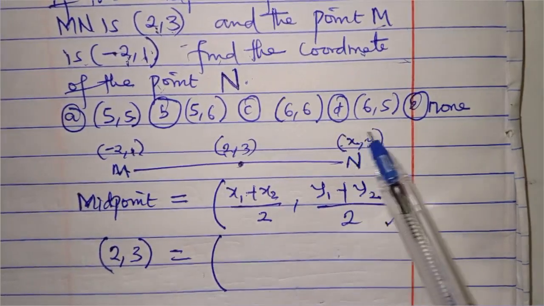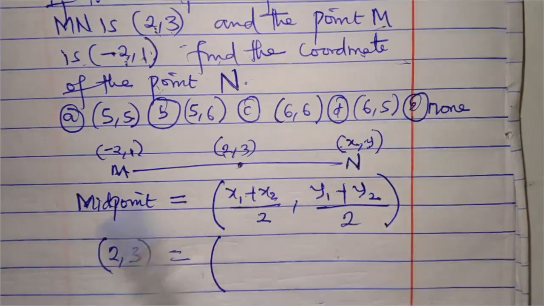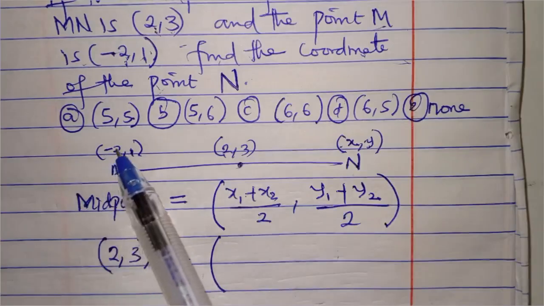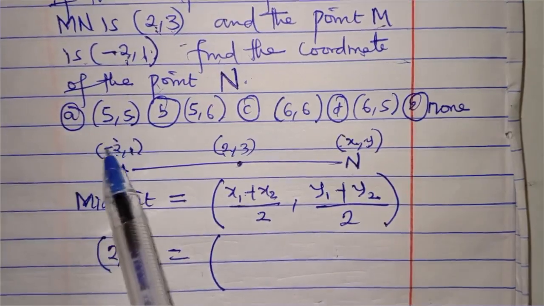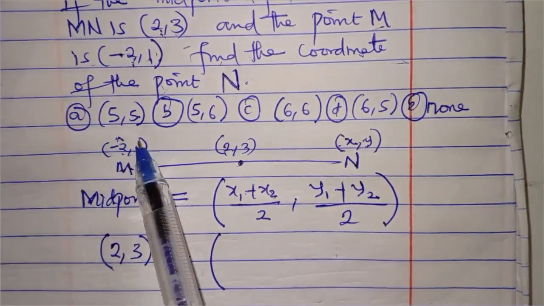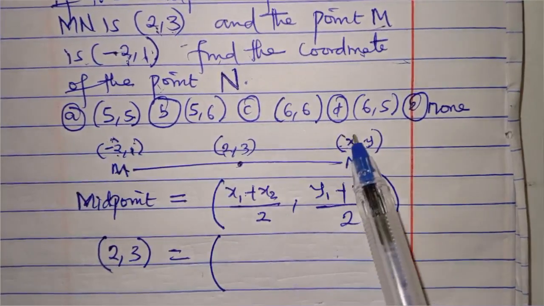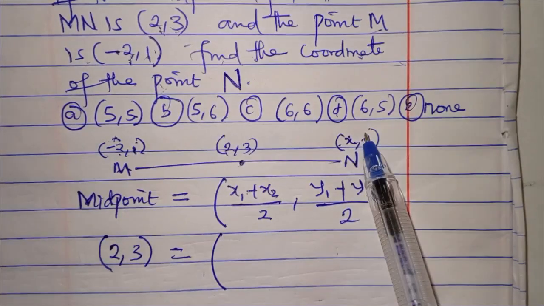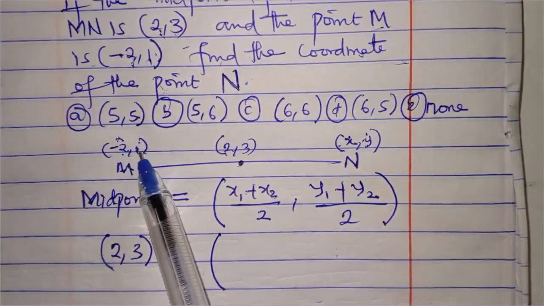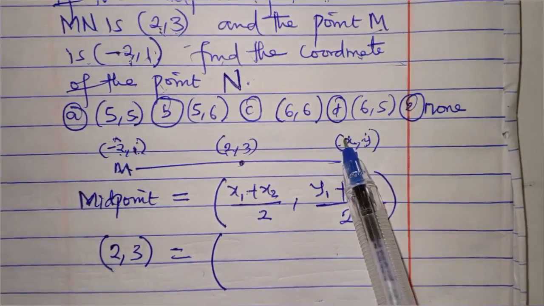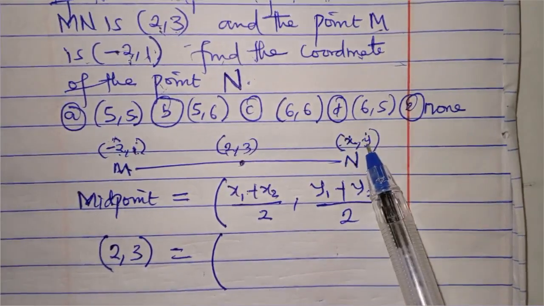Point M is minus 2, 1. Point N is x, y. So we can choose any one to be x1, y1, and the other one x2, y2. Let's choose this as the first point, having the coordinates x1, y1, and this should be x2, y2. You get it? Minus 2 is x1, 1 is y1. x is x2, y is y2.